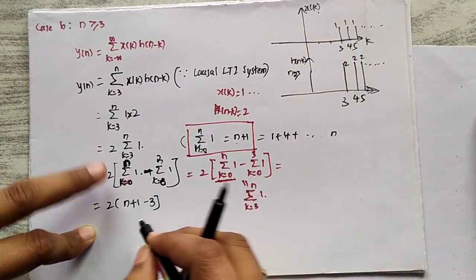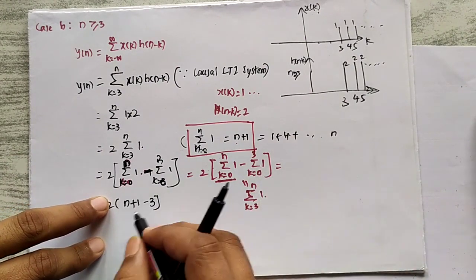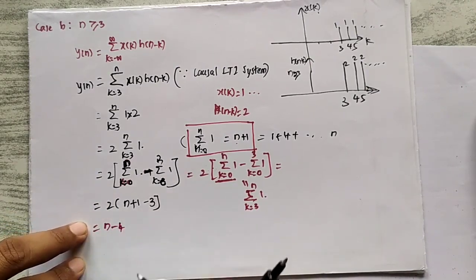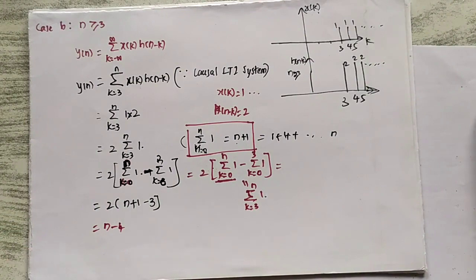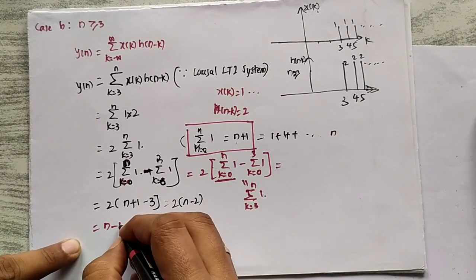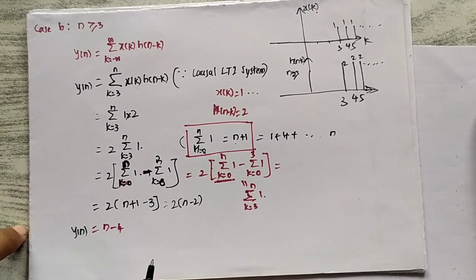I will substitute that, and since I am adding 1 three times, that will be minus 3. So this will be n minus 2, so 2 into n minus 2, this is y of n. This is how we need to solve for infinite sequences. I can take one more example on this in the next lecture.